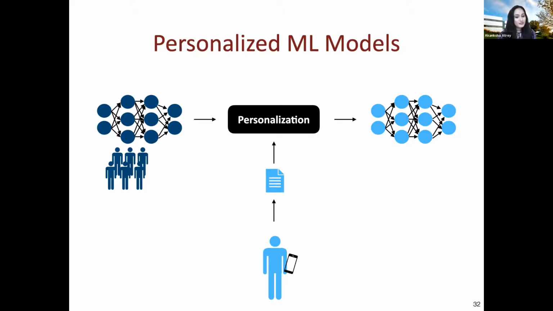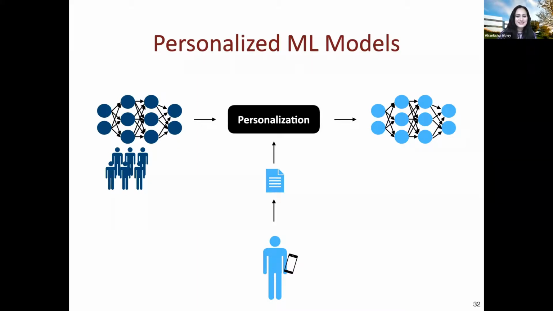Now, how do you do that personalization? We're not going to dwell a lot on that in this talk. I've been looking at a lot of transfer learning based methods to do that, and there's a lot of existing work on it as well. But we're going to be talking about privacy, so let's move forward with that.